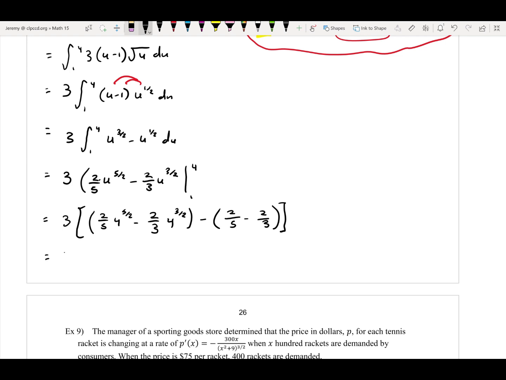And then, yeah, just another really challenging expression to simplify, but we can do it. This will be 2/5, and then 4 to the 5 halves. Take the square root and raise it to the 5th. So 2 to the 5th power is 32. Minus 2/3.